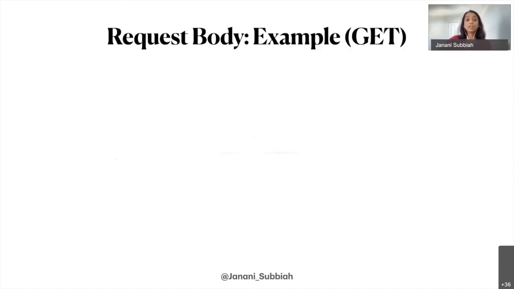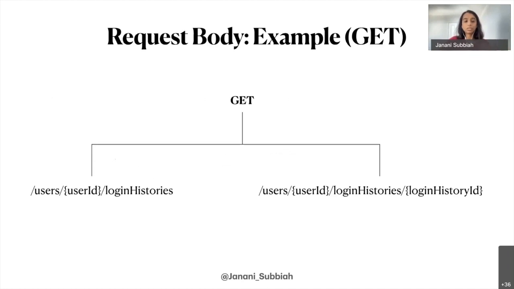So we identified 2 GET requests in our system, the one to get all login histories for a user and the other one to get a particular login history ID. So the first question we're going to be asking for both these requests or APIs is, do we need a request body for successfully performing this operation? I'm going to say no here because I think for the first case, just having the user ID and knowing that I'm fetching all the login histories for that user is sufficient.